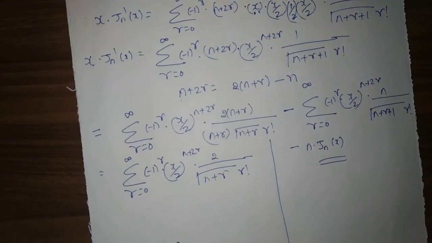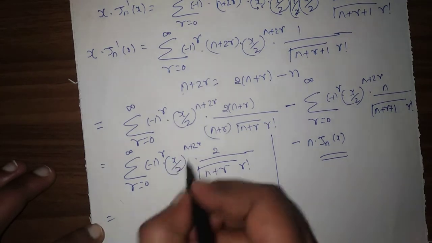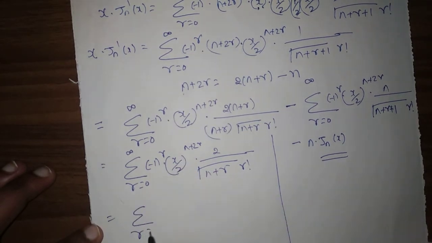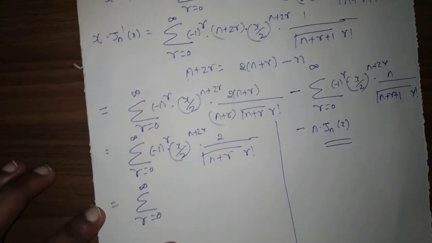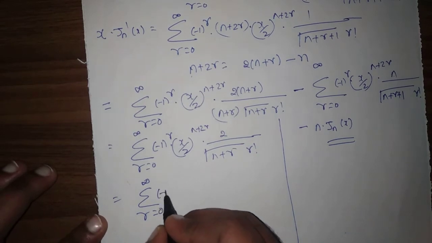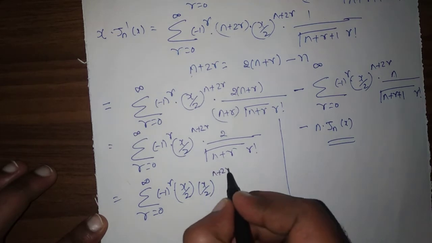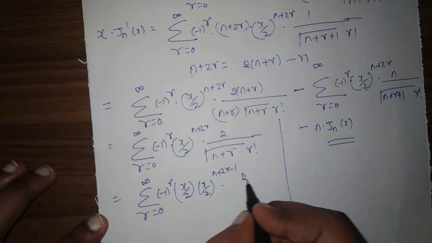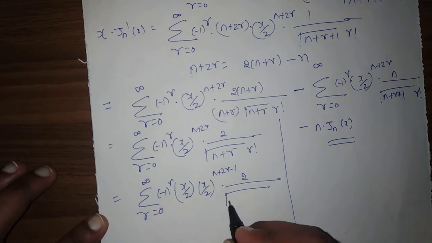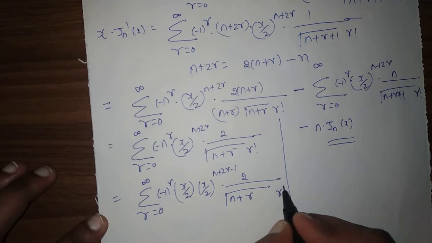So now once again I will split the x by 2 term. We have done this already in most of the previous properties. x by 2 into x by 2 to the power of n plus 2r minus 1 into 2 divided by gamma of n plus r into r factorial.